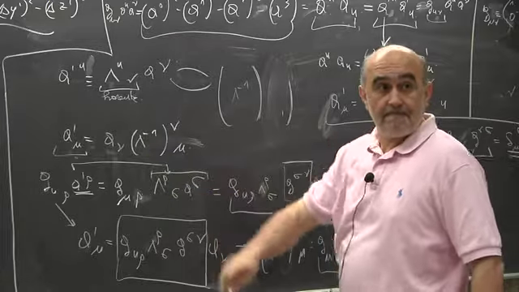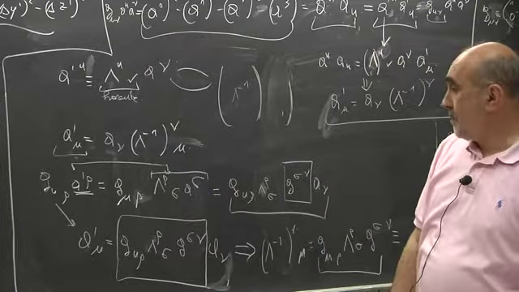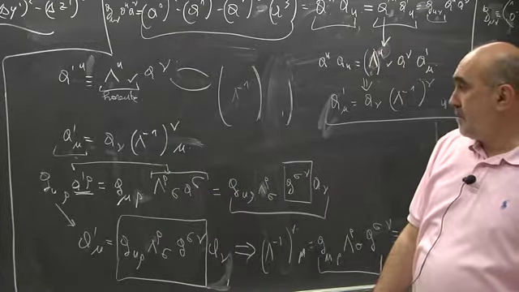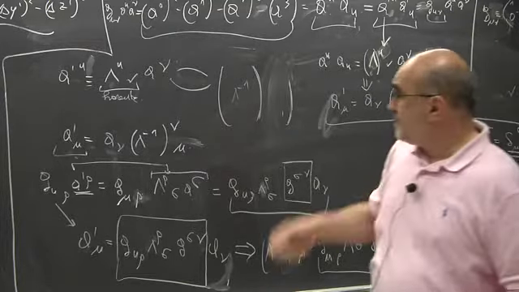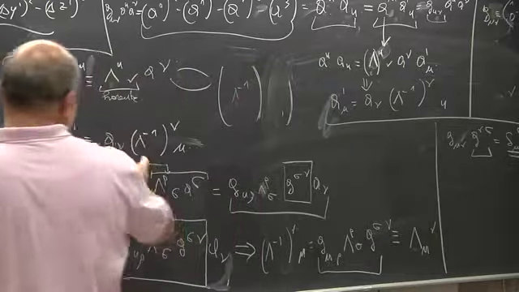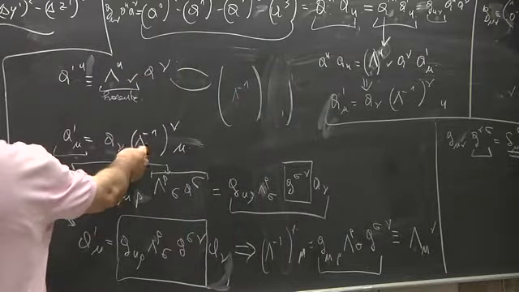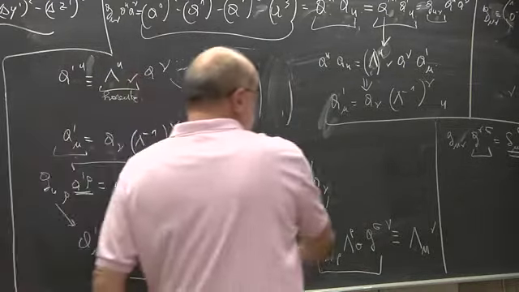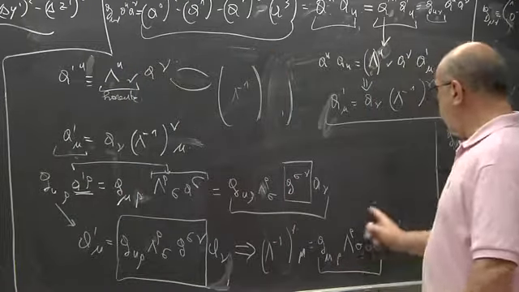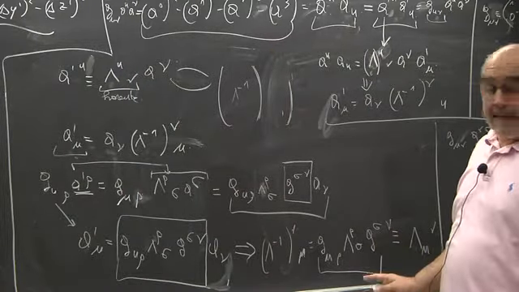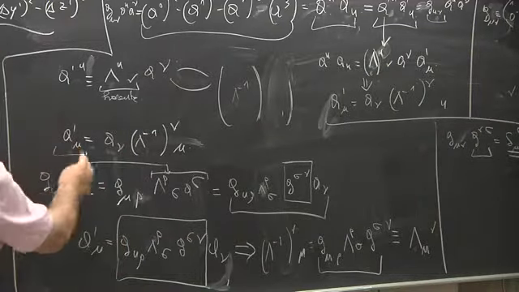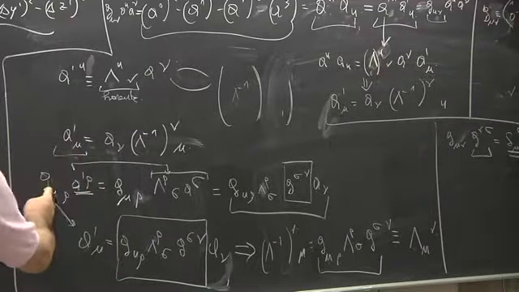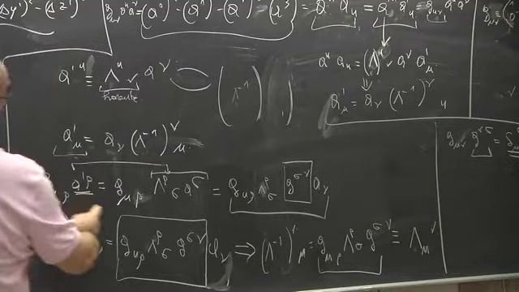Is it clear? Now, if we compare the two relations, because we want to find again the inverse of our Lorentz transform, I found a relation now between the inverse and the direct one, and the relation is this, okay? Now, how do I do this? This object I write in this manner using the metric, okay?